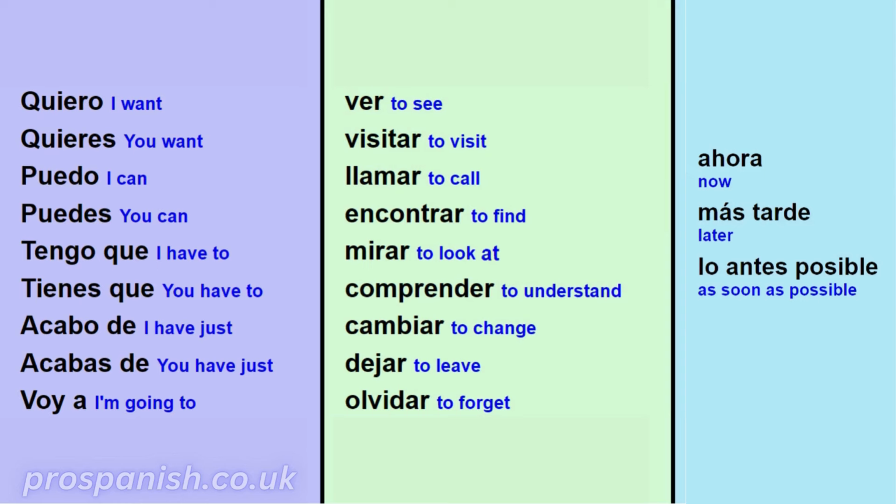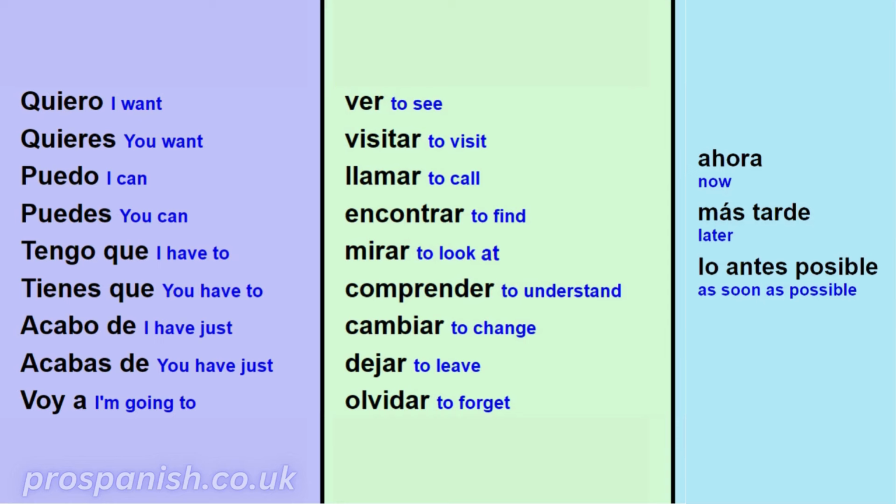Tarde is late. Nice and easy because it's like tardy, being late. More late. Más tarde. What does it mean if I say verme más tarde? To see me later. So can you see me later, for example?